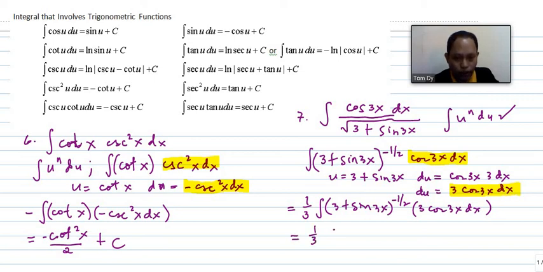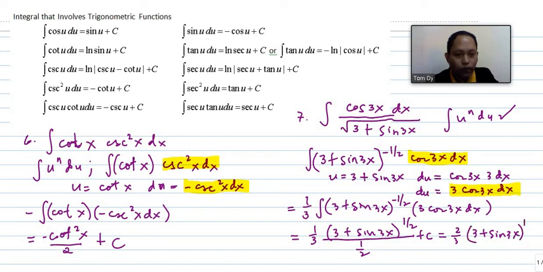We have 3 plus sine of 3x, and then negative 1/2 plus 1 is 1/2, over 1/2, plus c. Our final answer is 2/3 times 3 plus sine of 3x raised to 1/2, plus c. This is our final answer.